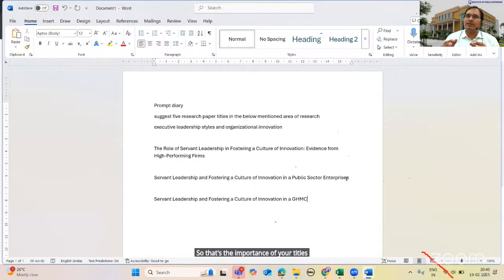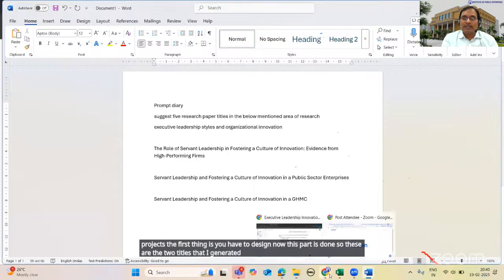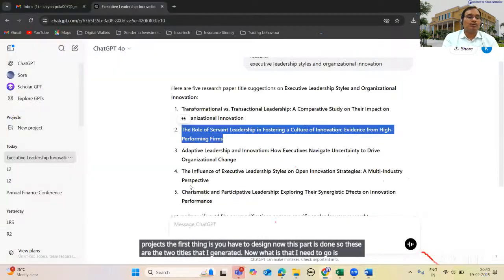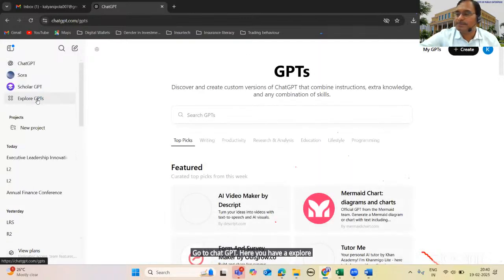Whenever you are doing your research projects, the first thing is you have to design. Now this part is done. So these are the two titles that I generated. What I need to do now is go to ChatGPT. Here you have Explore GPTs.